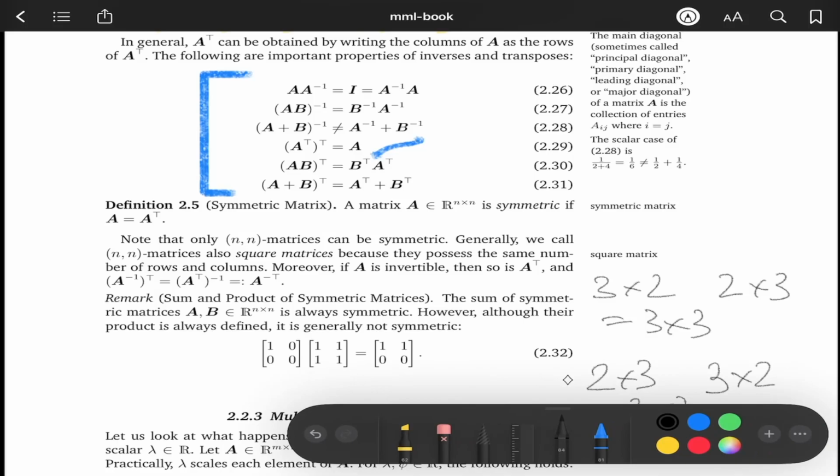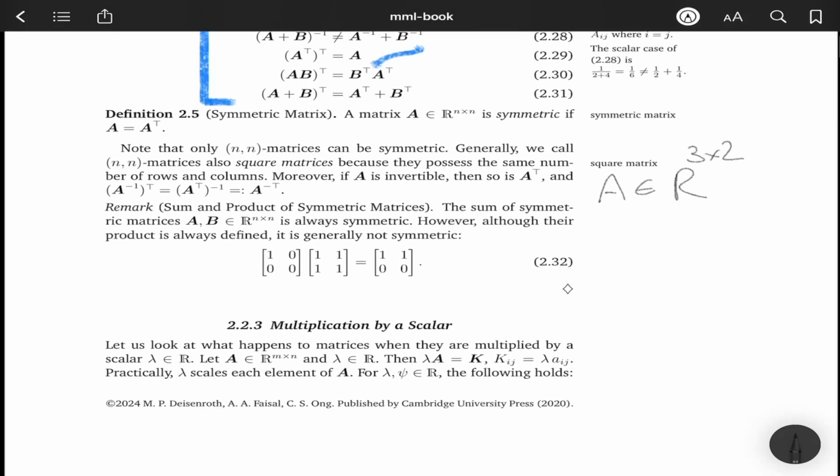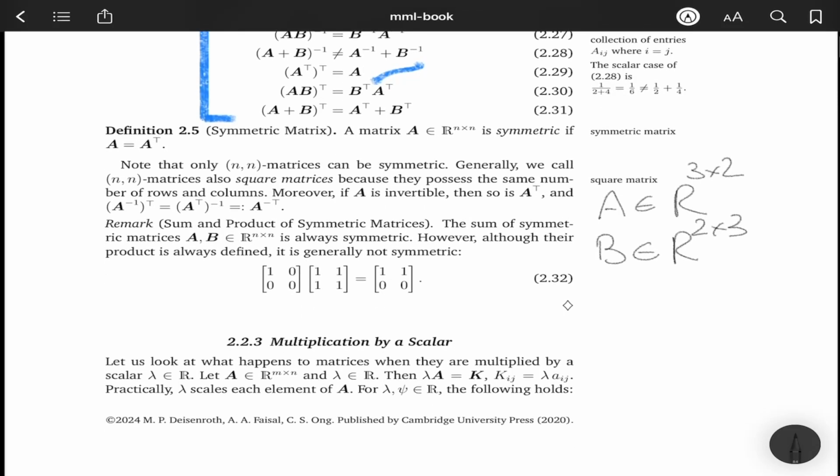Okay, let's write it down again. We have a matrix A. Matrix A is an element of R, does not matter, 3 times 2. And B is 2 times 3. So if we do A times B transpose, this must be a matrix of dimension 3 times 3, and then we transpose it, which still makes it 3 times 3.